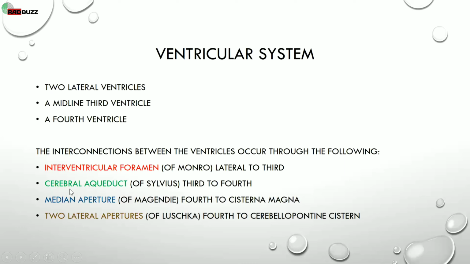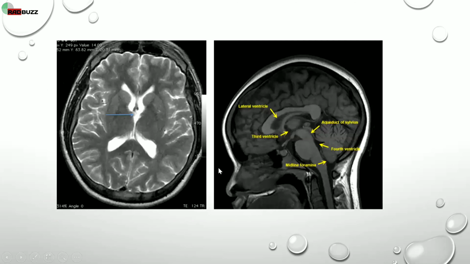There is cerebral aqueduct of Sylvius, which connects third to the fourth, and a median aperture. Median, M for median, is Magendie, lateral apertures, L for lateral, Luschka, and these connect the fourth ventricle to cisterna magna and CP angles. So what you need to remember are foramen of Monro one, aqueduct two, and three apertures: one is Magendie, two lateral Luschka, right and left.